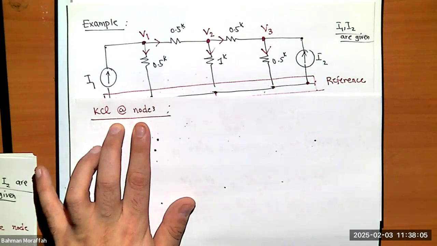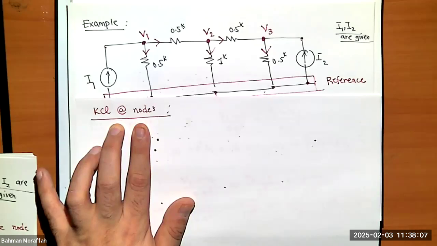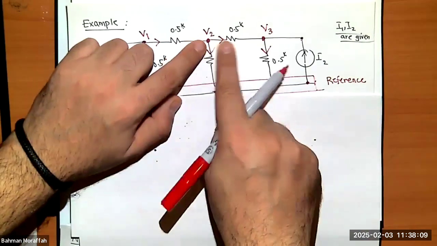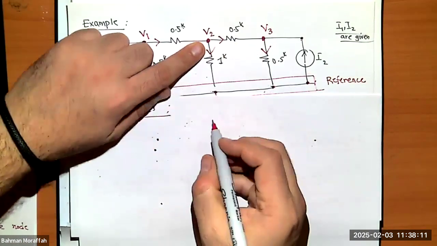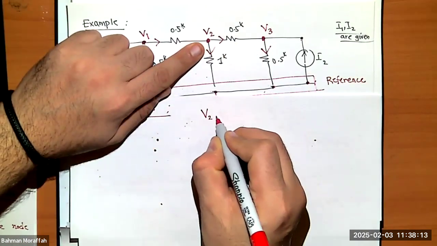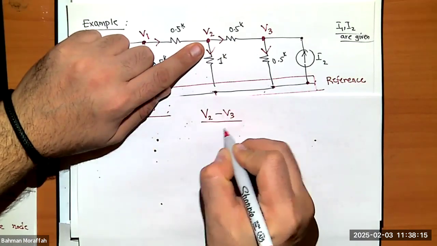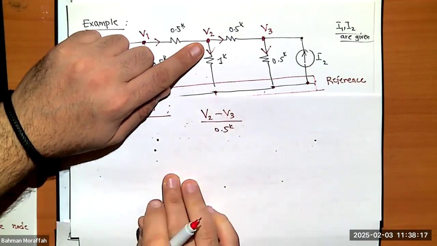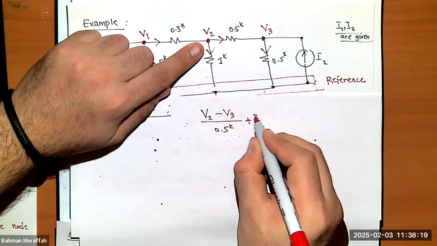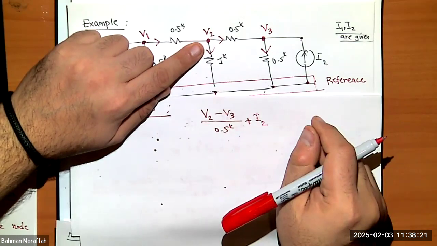Whatever going in should be the same as whatever's coming out. So I have this current going in. What is the current? It's V2 minus V3 divided by 0.5K. I have I2 coming in, right?